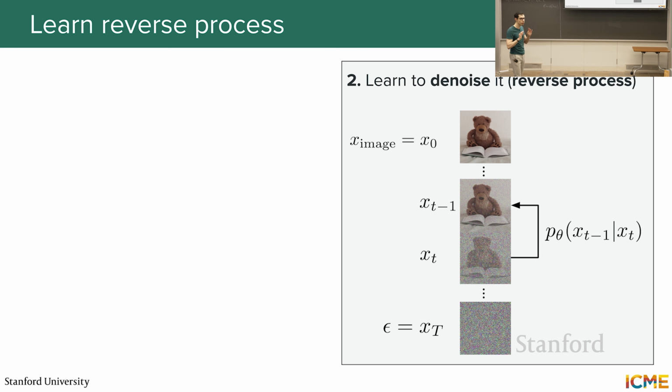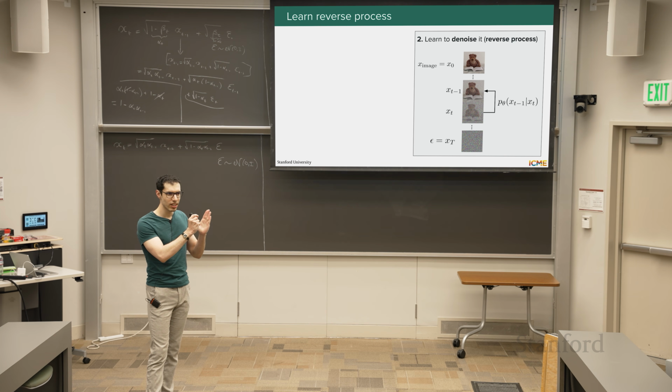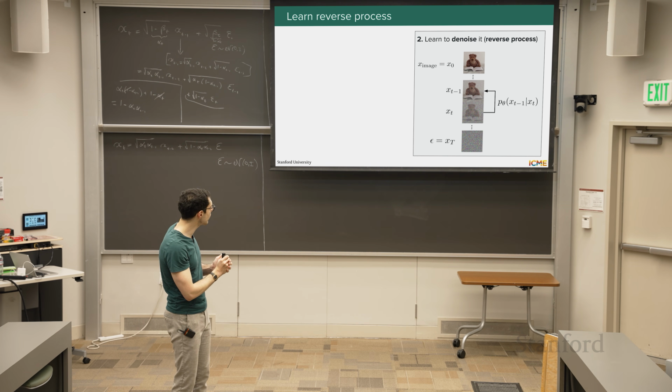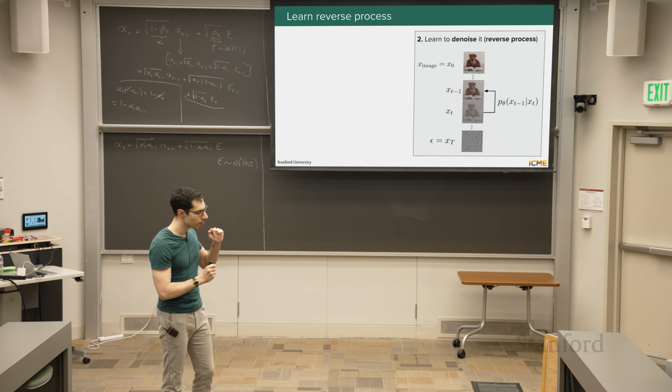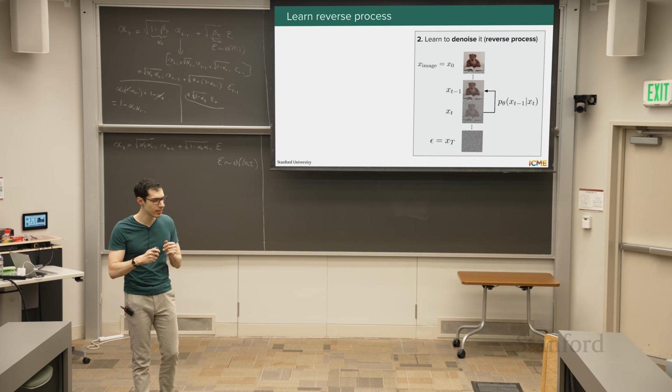So what we will do now is to see how we can go about determining the process that denoises that forward process. So what we want to know is what p theta of xt minus 1 given xt is.